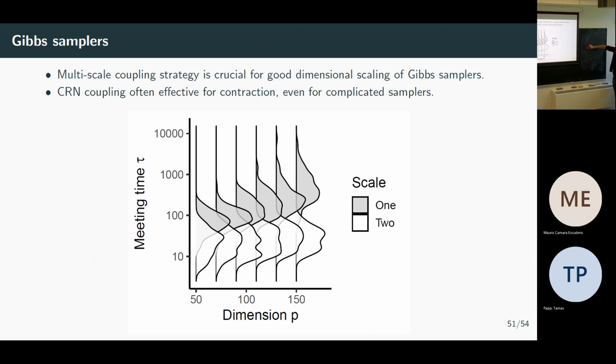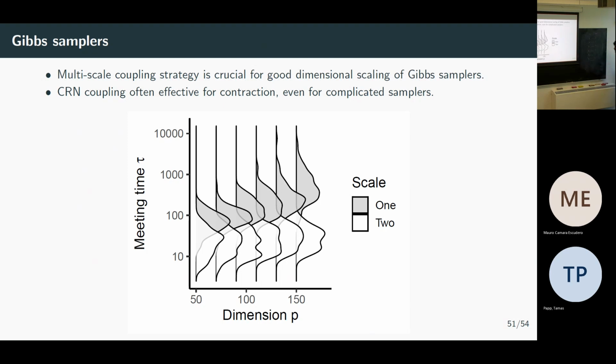The obvious way to couple Gibbs samplers is you've got two copies, and these are the marginals. You'd couple the first marginal, second marginal, and so on.